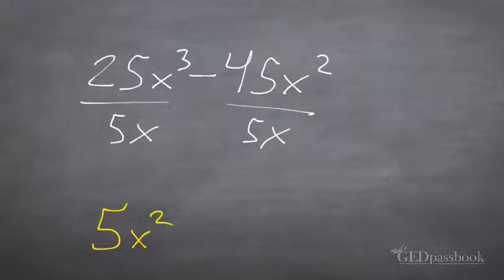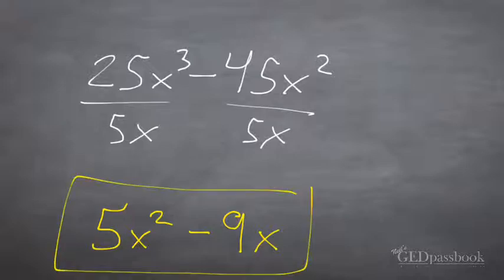Next one. What is 45 divided by 5? 9. There's my number. Now, what's x squared minus x? x. Yes, x to the power of 1, which is x. Guess what? This is my answer, because you can't combine those, can you?